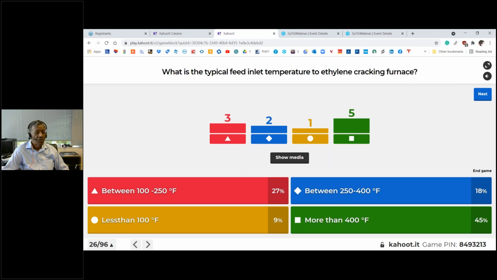Generally, you want to feed the coldest so that you can recover the most heat from your furnaces' hot flue gases. Typical temperature is 100 to 250 degrees for the gas furnaces. People who are heating more than 400, maybe they have vaporized naphtha entering the system. So that's a very big range here. There is somebody who is feeding at less than 100 degrees. Thank you.